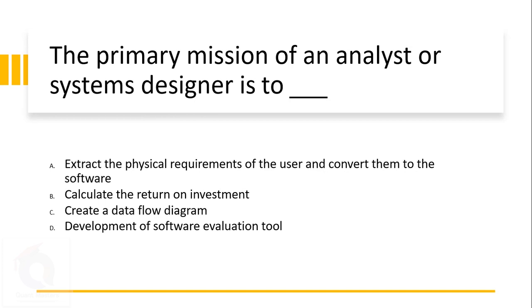So the option here is A, that is, extract physical requirements of the user and convert them to software. Once this basic design is done, then comes the data flow diagram, the software evaluation tool, and the return of investment, for which the system designer is not a big part. So option A is the right answer here.